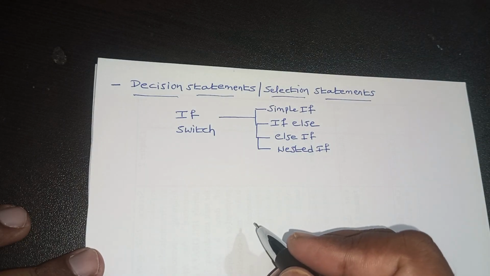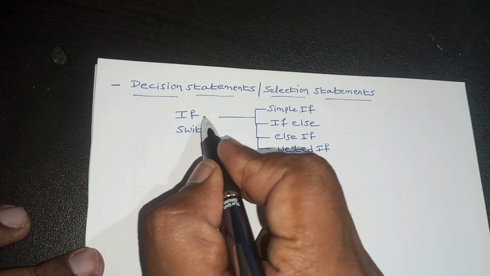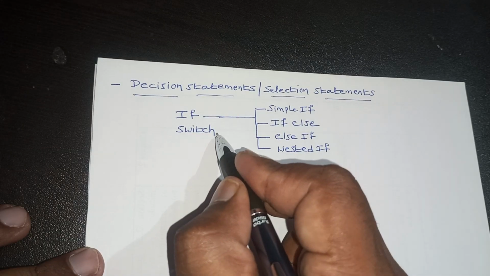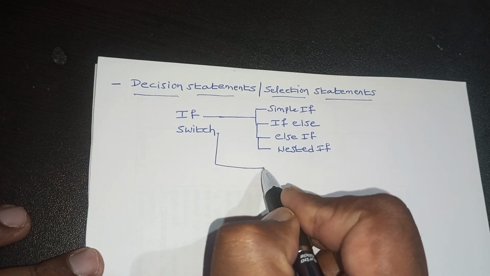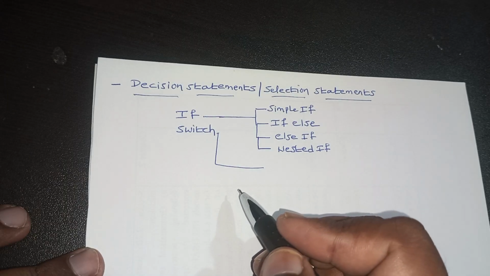These are the four types under the if statement, the decision statement. Coming to the switch, we don't have any types. There is only one type, that is switch case.